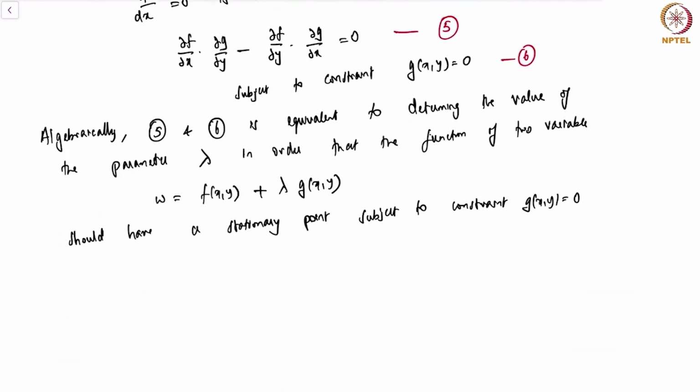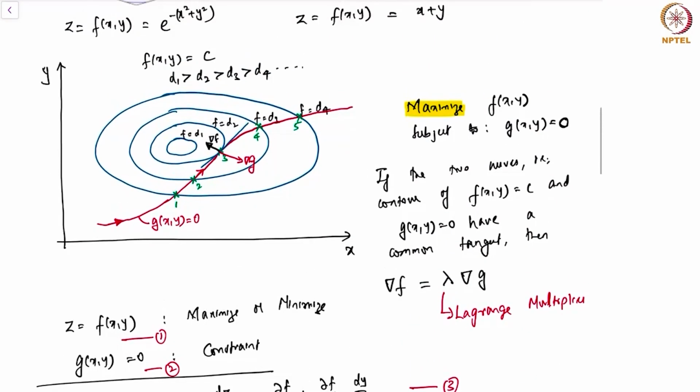Okay, this involves partial derivatives of both f and g with respect to x and y. Now we have to impose this constraint. If we can solve this equation 5 subject to constraint 6, we've got the solution, because we are ensuring that the tangency condition is met.